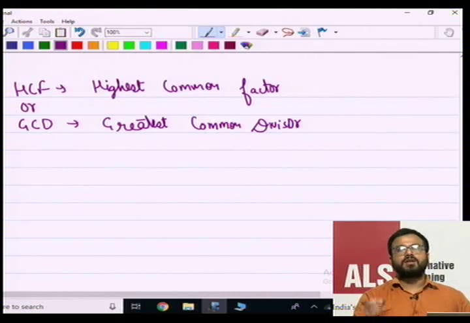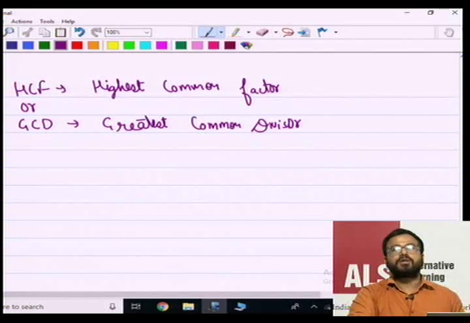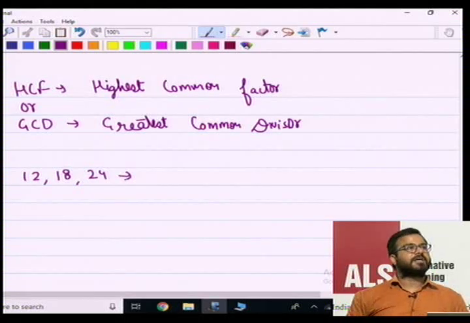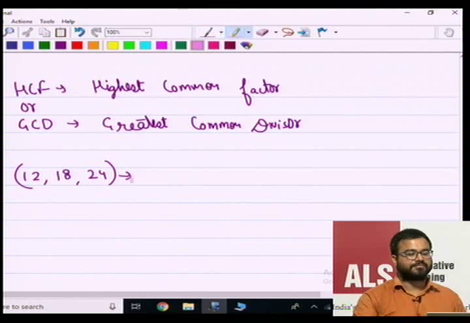So we will learn how, using the Euclid division lemma and Euclid division algorithm, we can figure out the HCF of 2 or 3 numbers. First of all, if it is 12, 18 and 24, tell me the HCF of these 3 numbers by any method which you know.